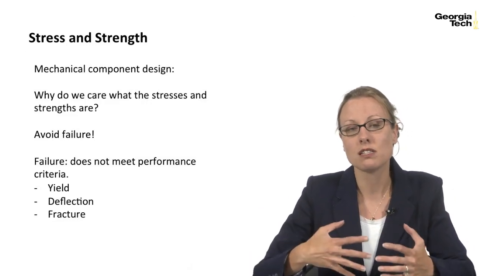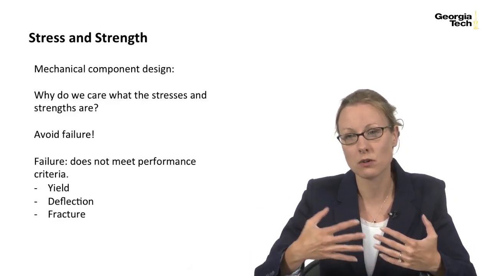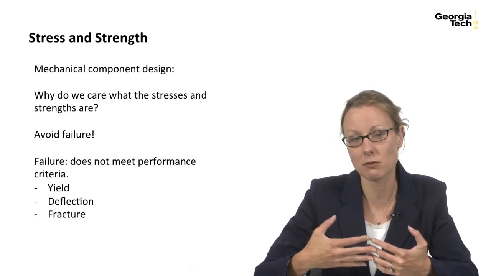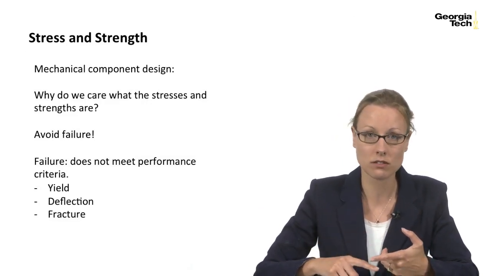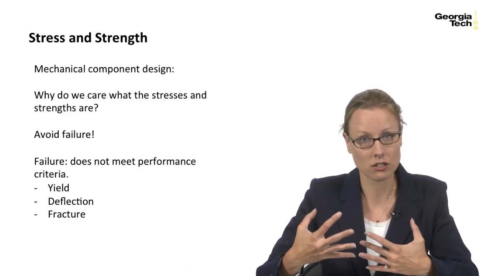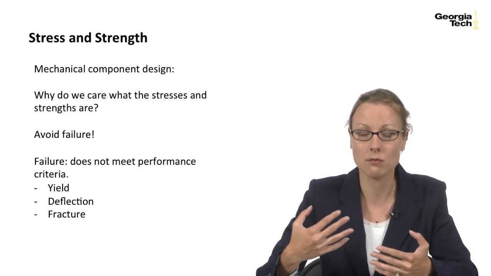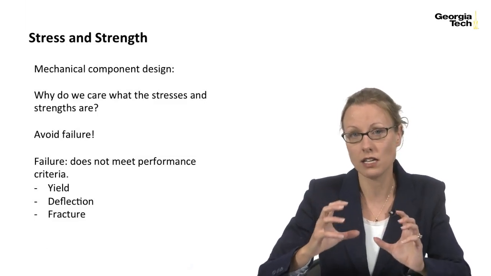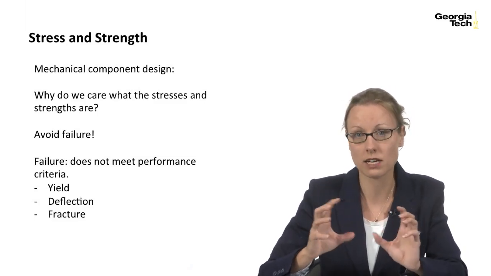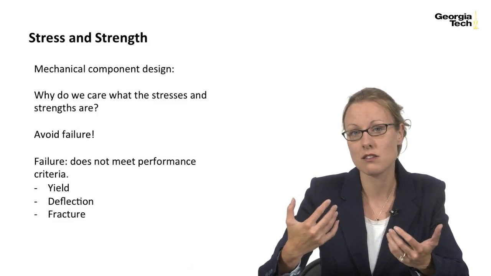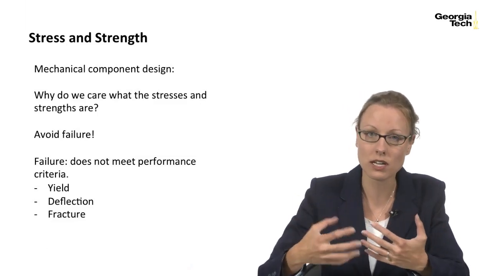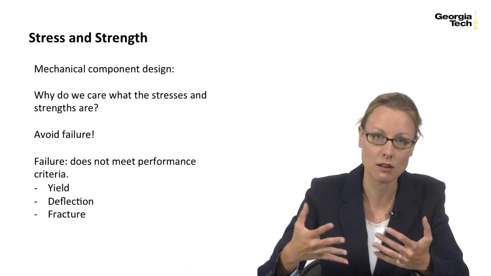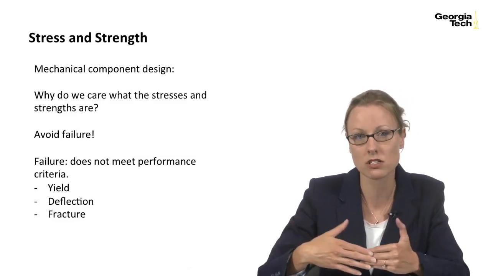And when we say failure, what we mean is that the component has lost its functionality, so it's no longer meeting its performance criteria. It could have yielded, which means it's undergone permanent deformation. It might have deflection, so if you have 2 shafts aligning gears and the shafts deflect and the gears can no longer mesh, then you're going to have a lot of noise and you're going to have low efficiency, so you might not allow a certain amount of deflection in your design.